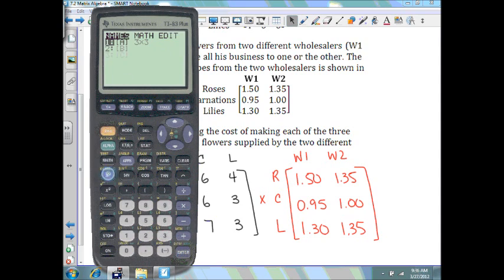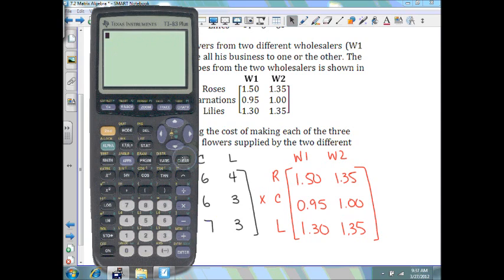We're going to go back to the matrix menu, press edit. I want to go down to B because I'm editing matrix B. Matrix B is a 3 by 2 matrix with $1.50, $1.35, 95 cents, $1, $1.30, and $1.35.